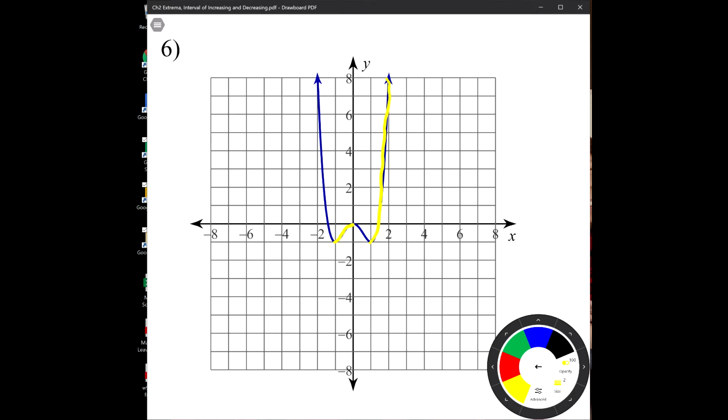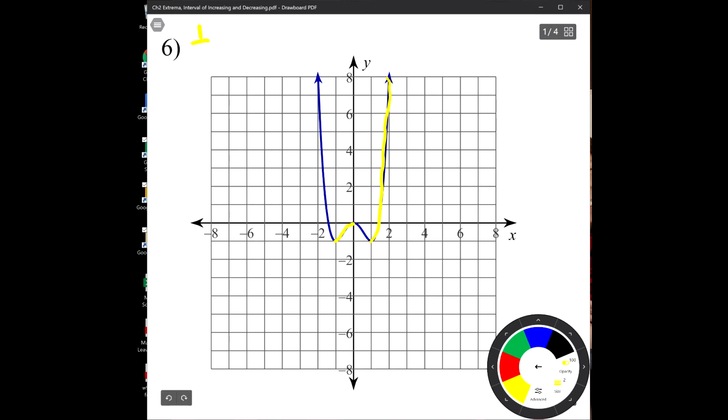So now I state the increasing interval. It will be from -1 and stop at 0, and then from 1 to infinity.